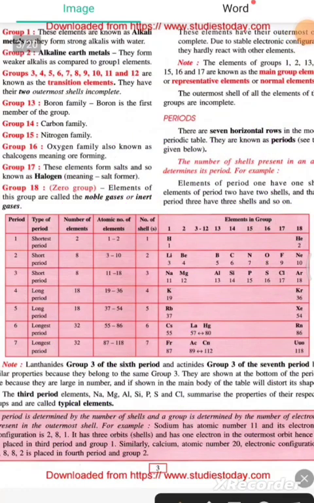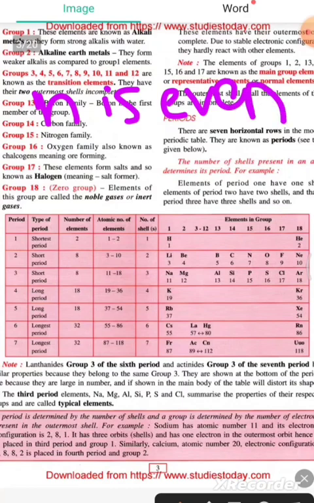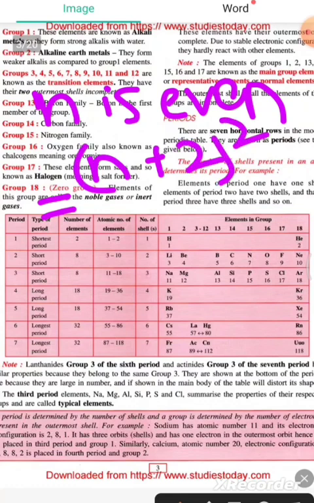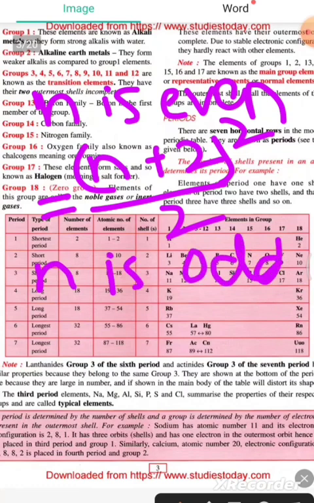Let us see what the formula is to calculate the number of elements. If n is even, the number of elements equals (n plus 2) square divided by 2. If n is odd, then (n plus 1) square divided by 2.